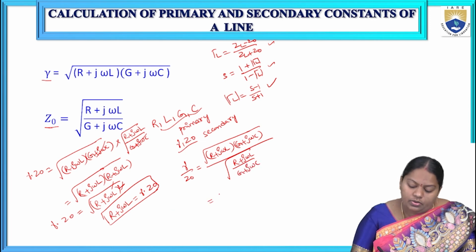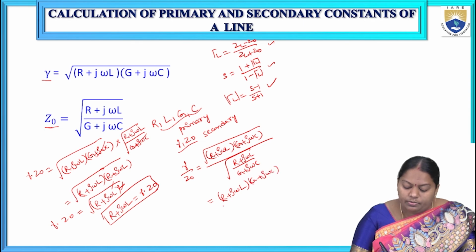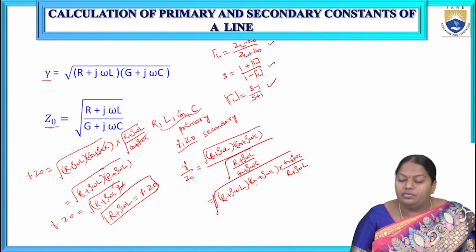Now if you divide these two, in the denominator we have the ratio, so this becomes root over (G plus j omega C) by (R plus j omega L) under root itself.